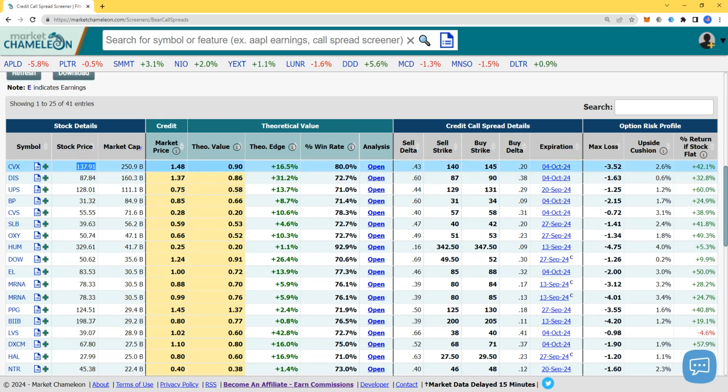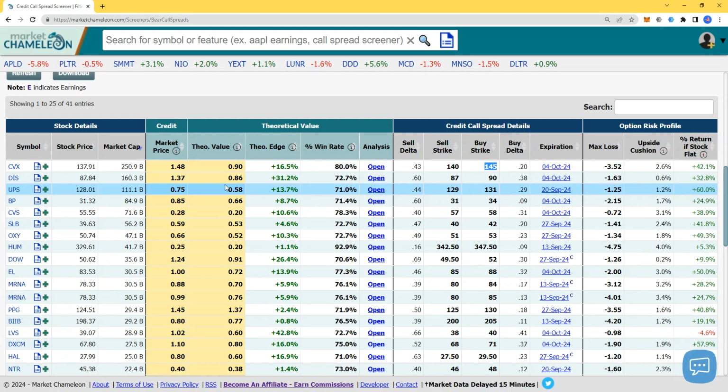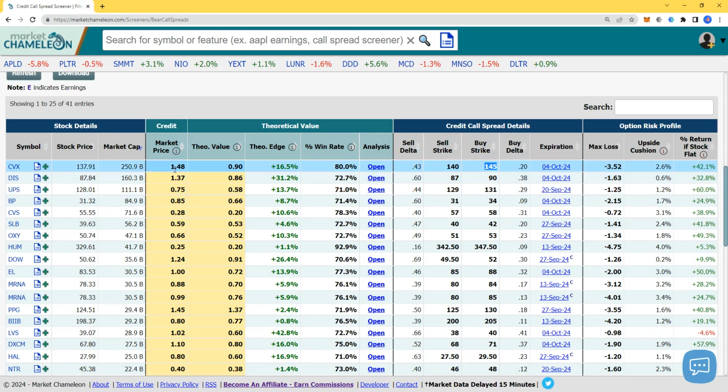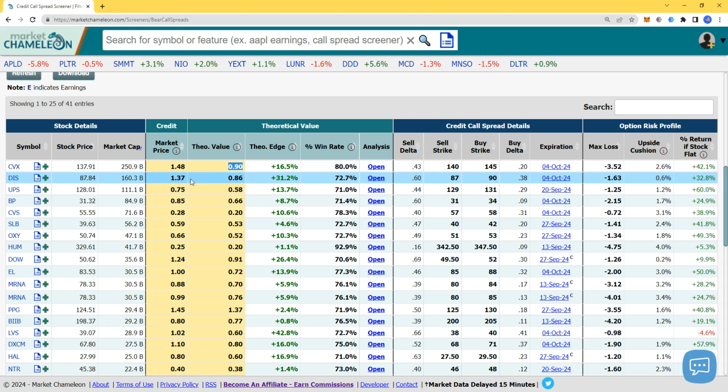Price today, right now, is 138, and it tells you for October 4, sell the 140, buy the 145 if you're bearish on oil and everything after the debate yesterday. That's a trade to consider. And look at this, you collect 148 bucks compared to 90 bucks, which is what you should have collected based on history. So making more income. Market Chameleon finds you trade ideas.